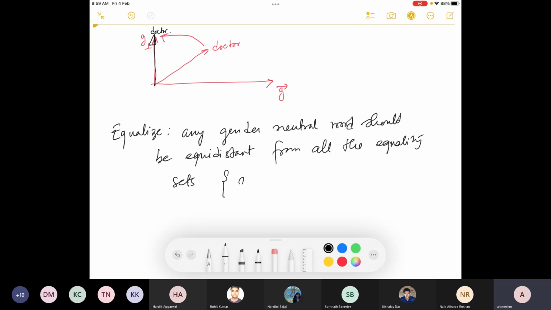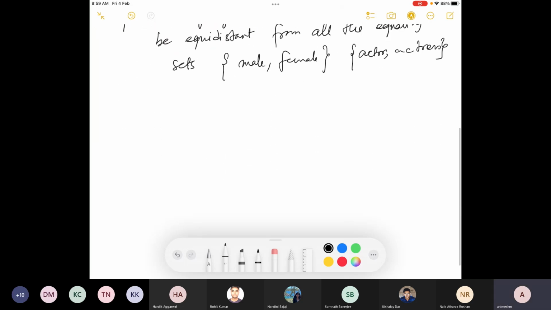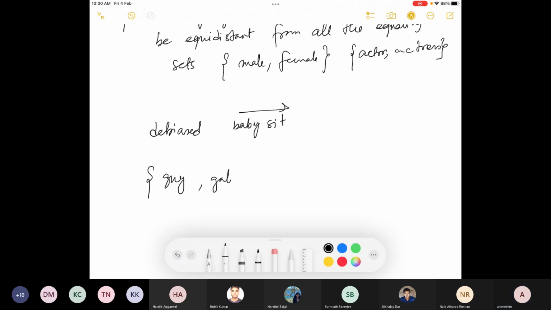Equality sets meaning male, female, actor, actress. So basically what they are telling is the following. Suppose you have debiased babysit, and there is an equality set guy, comma gal.